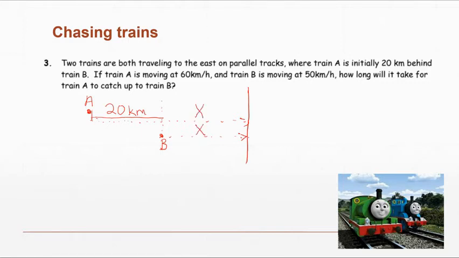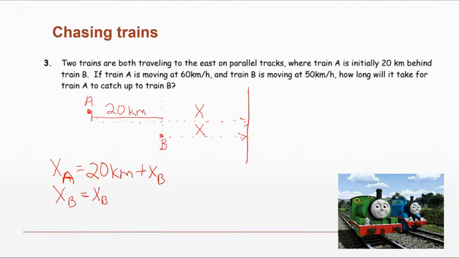The position for A is going to be equal to 20 kilometers plus xB, and xB is going to be equal to xB.